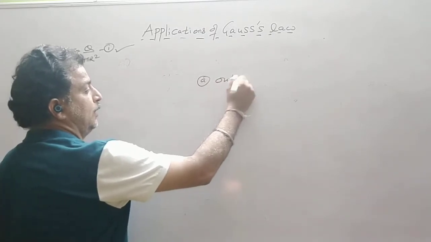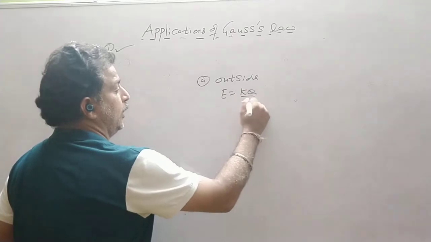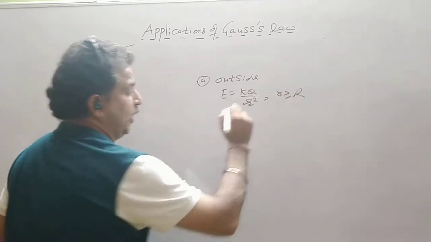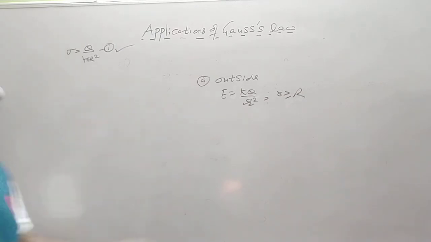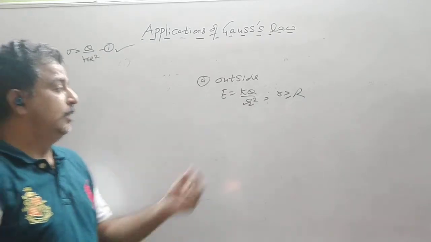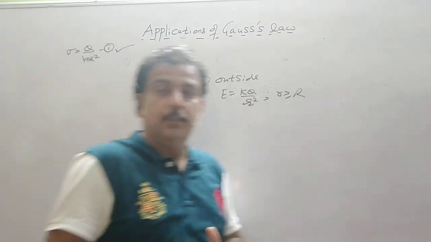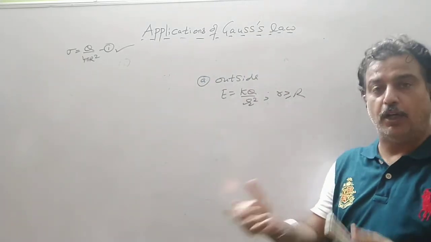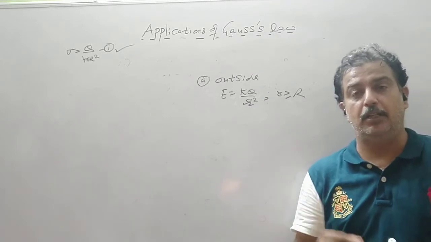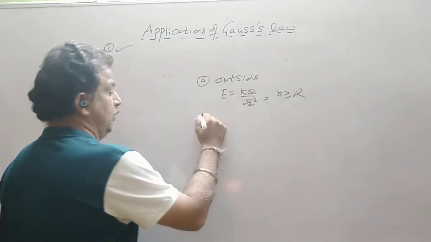For outside, E is equal to kq upon small r square, where you have to remember small r is the radius of the Gaussian surface, or it is the distance of point P from the center. So this is the derivation. Again I am saying it is outside the spherical shell, or the same formula we get if our source is a point charge. So outside, this was the formula.